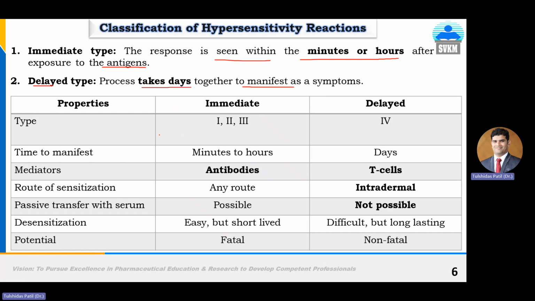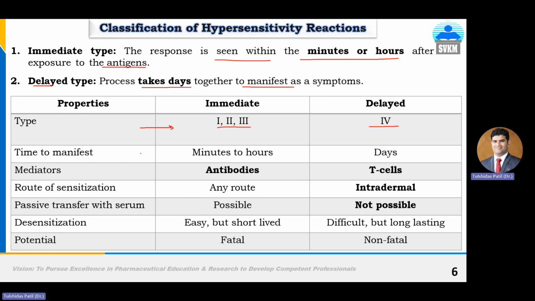So what is the difference between immediate and delayed type hypersensitivity reaction? The types involved in immediate type hypersensitivity reactions are type 1, 2, and 3, whereas type 4 comes under delayed type hypersensitivity reaction.